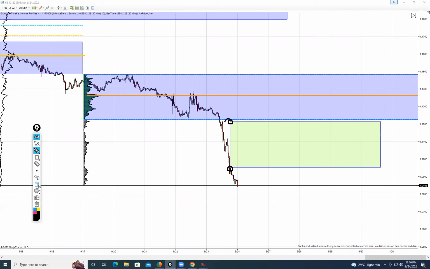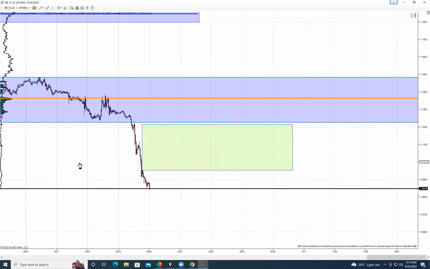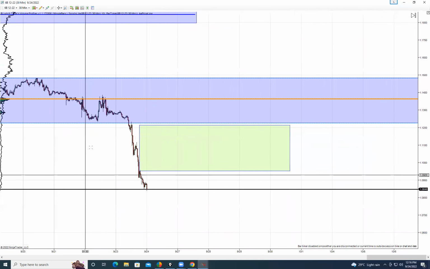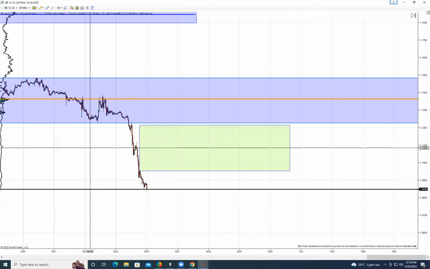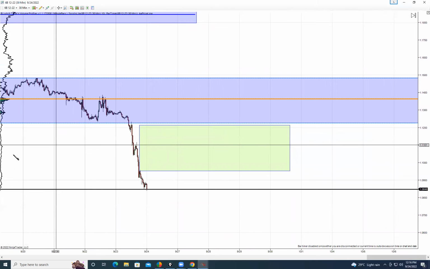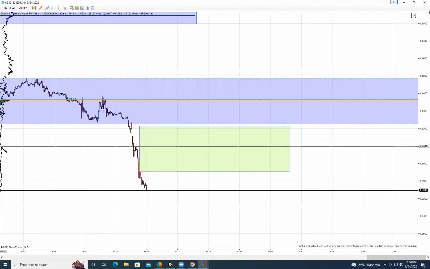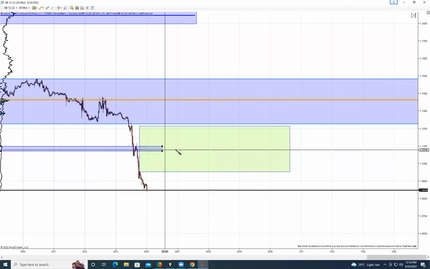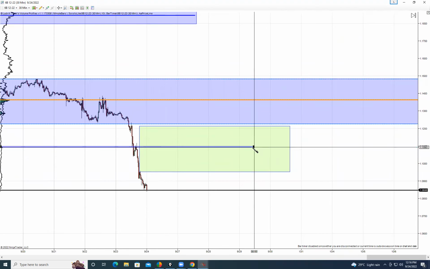These are virgin. And if we were to look for volume distribution in the cumulative sense, we have some sort of a volume node here, a small volume node right there. I don't know how significant this is going to be, but it's still a node.